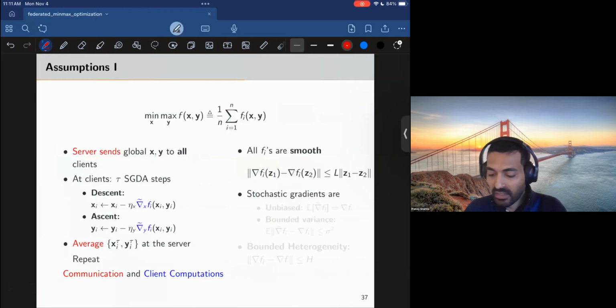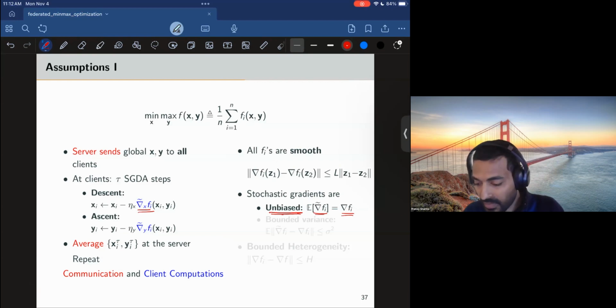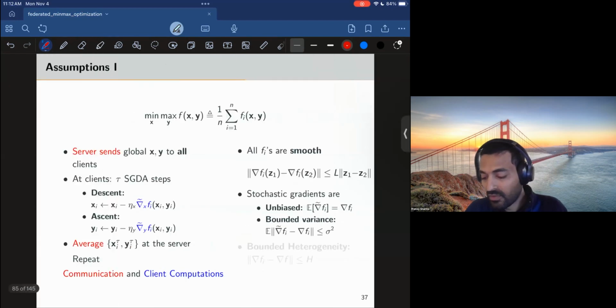For the stochastic gradients which the clients are computing locally, we assume that these stochastic gradients are unbiased. So at the ith client, each stochastic gradient it computes is an unbiased estimator of its actual gradient, right? In addition, we assume that we have bounded variance.